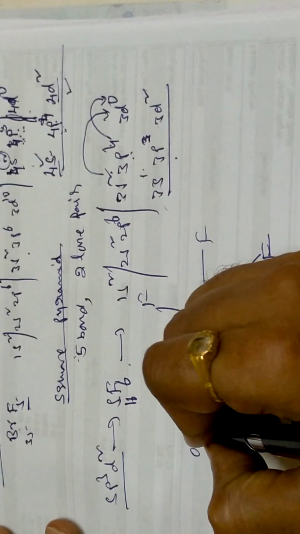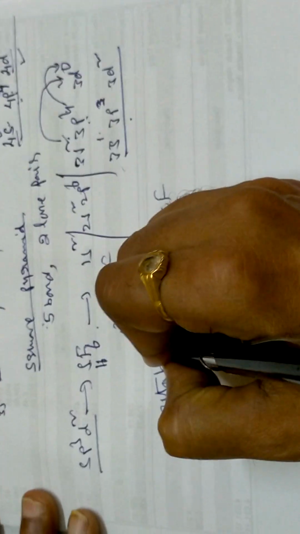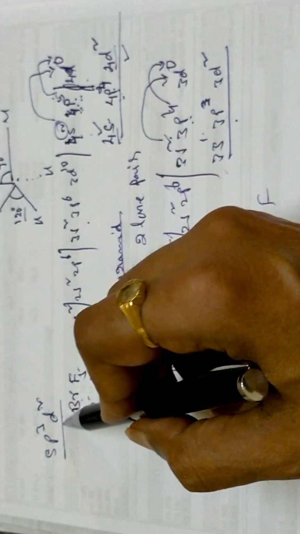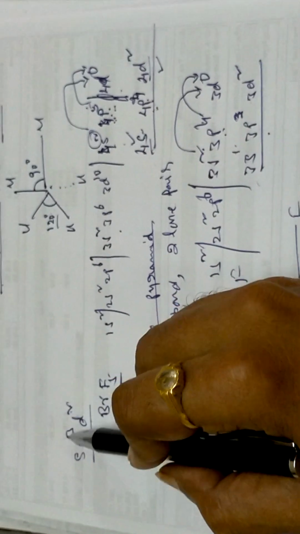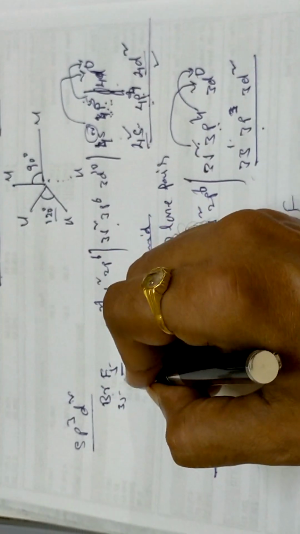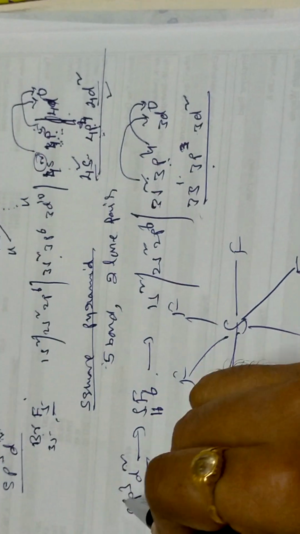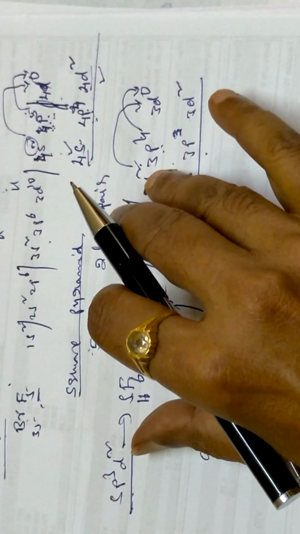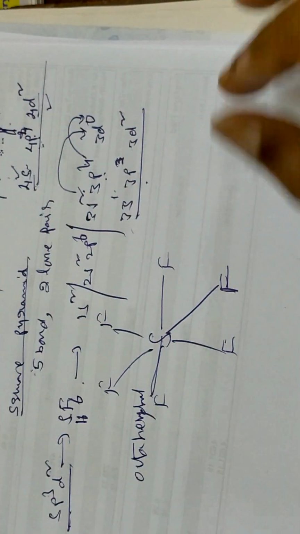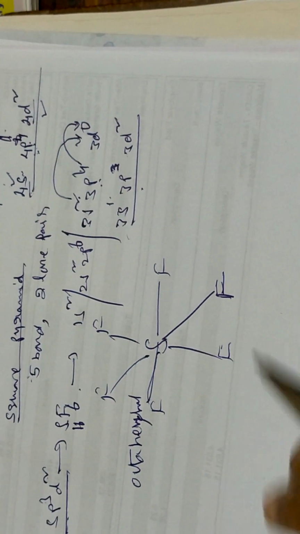So here it is octahedral. One should be careful about how many bonds are formed: 3 plus 2 is 5, plus 1 is 6, which is regular. But where it is 5, meaning one lone pair, the structure is not regular. One can judge from that when answering questions.